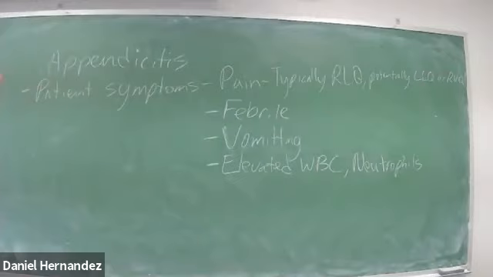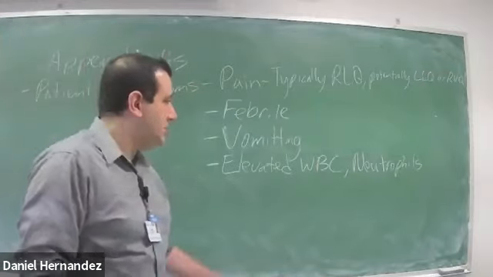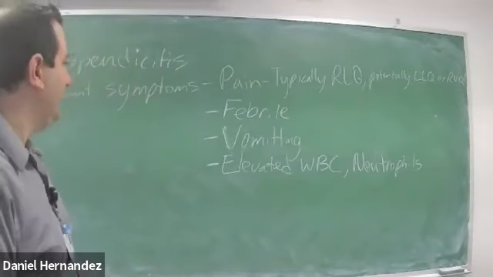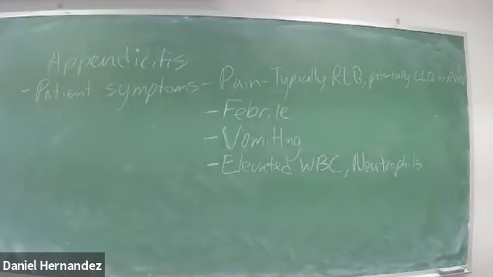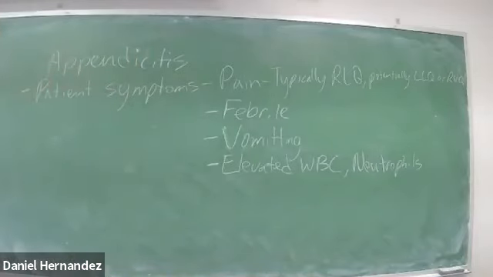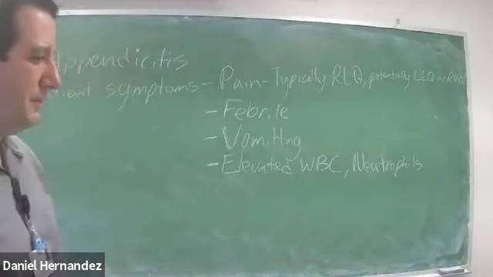If I get a kid that they want to rule out appendicitis and his white blood cells and neutrophils are both elevated through the roof, I'm like, yeah, this is probably going to be positive. So pain, fever, vomiting, elevated white blood cells, neutrophils.